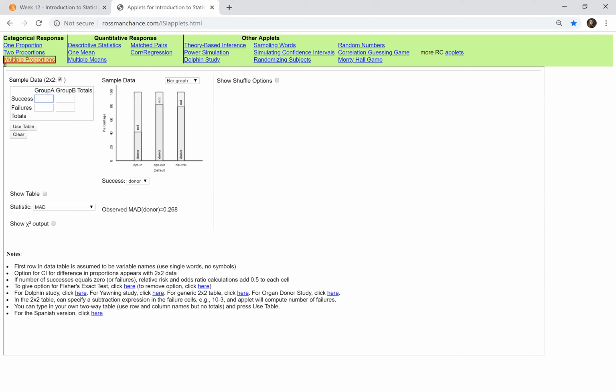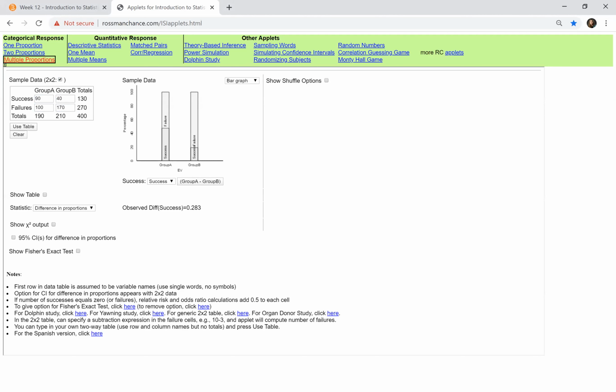We'll have the 90 because we're looking at 90 people who always speed in the under 30 and 100 that don't. And then 40 that always speed in the over 30 and 170 that don't. And there we can see that observed difference of 0.28. I think I had 0.4, just with rounding, we get slightly different values. And we're looking at that difference in proportions.